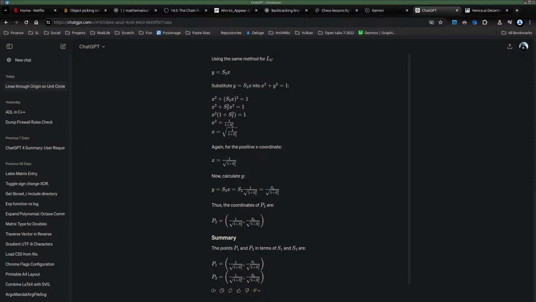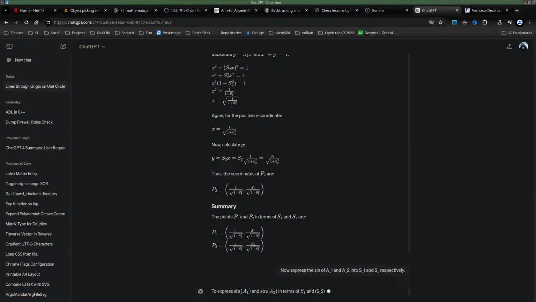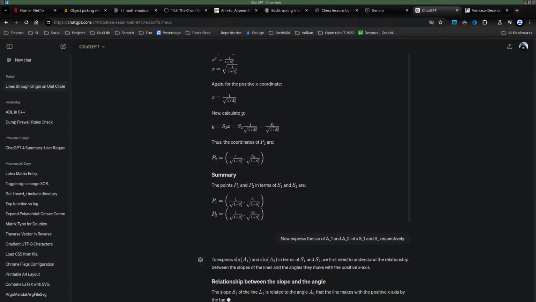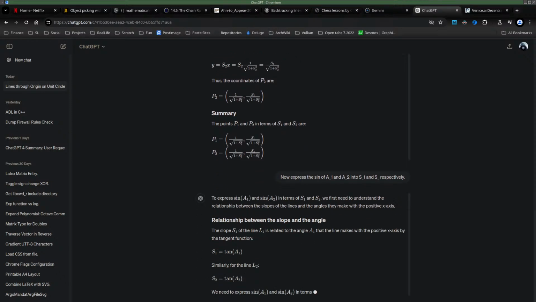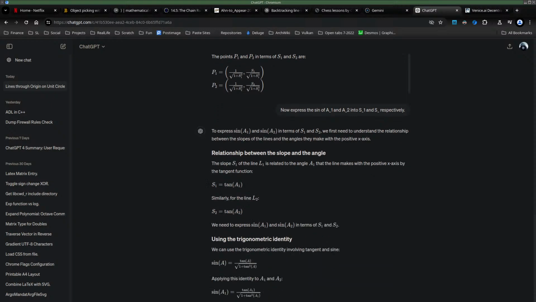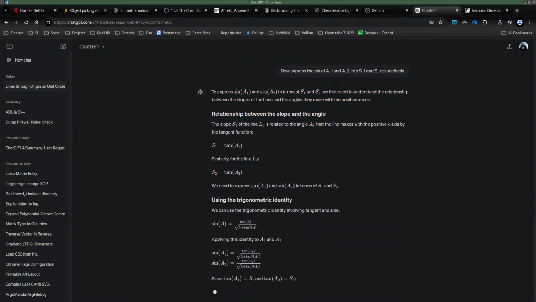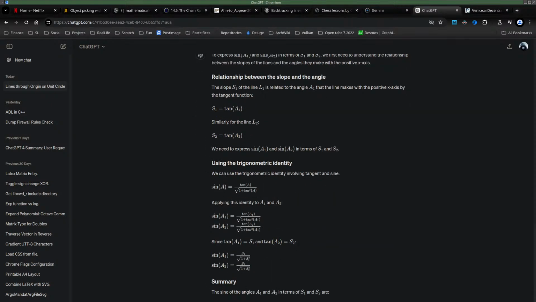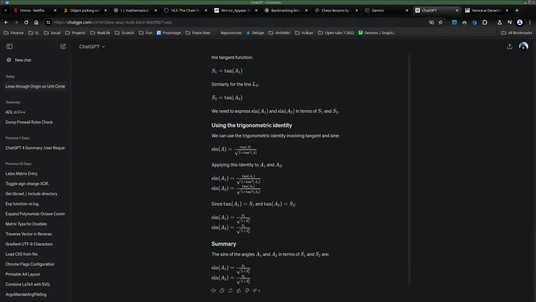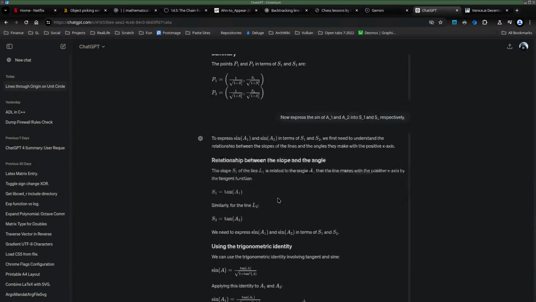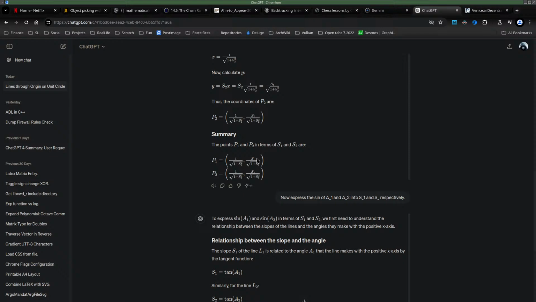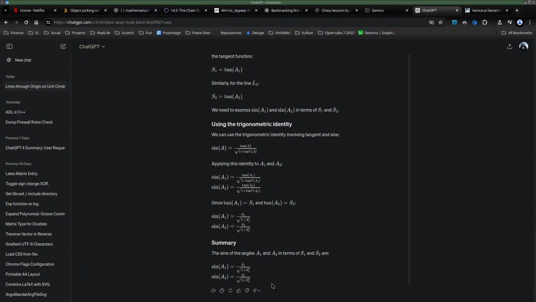That's an easy one. Yeah, though this is just the y coordinate. So the y coordinate is 1 divided by the square root of, etc. Yep.